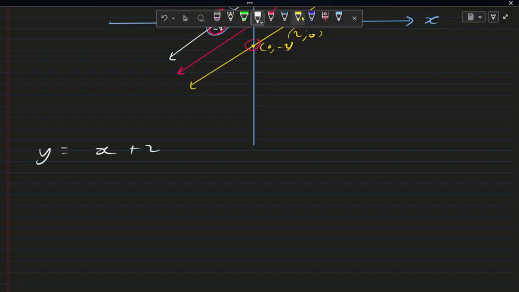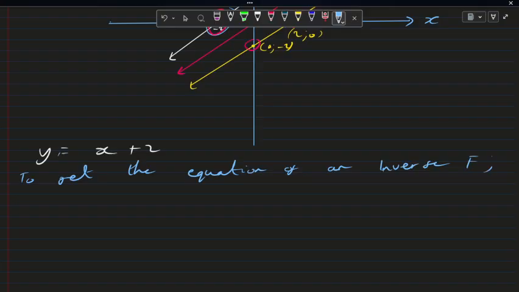So to get the equation of an inverse function, what do we need to do? Number one, we need to swap x and y.